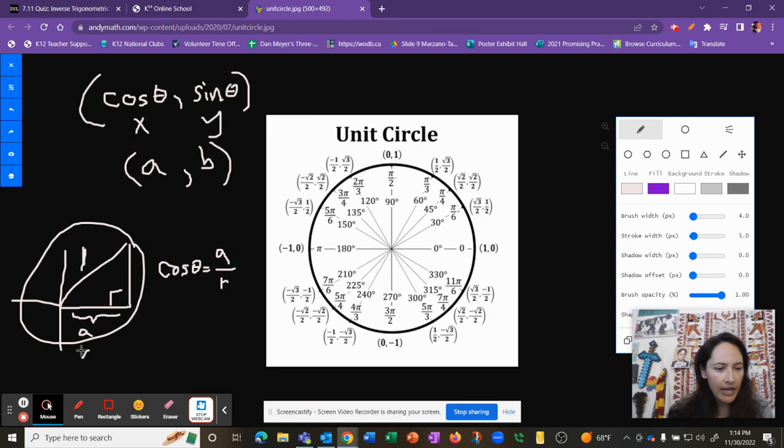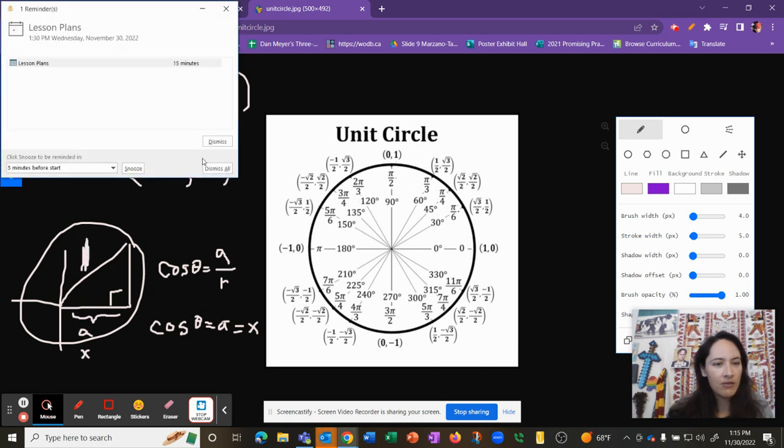This is a or x, however you want to think of it. But if r is equal to 1, cosine theta will be just a over 1, so it will equal just the a or the x coordinate. That's how come the unit circle is so useful.